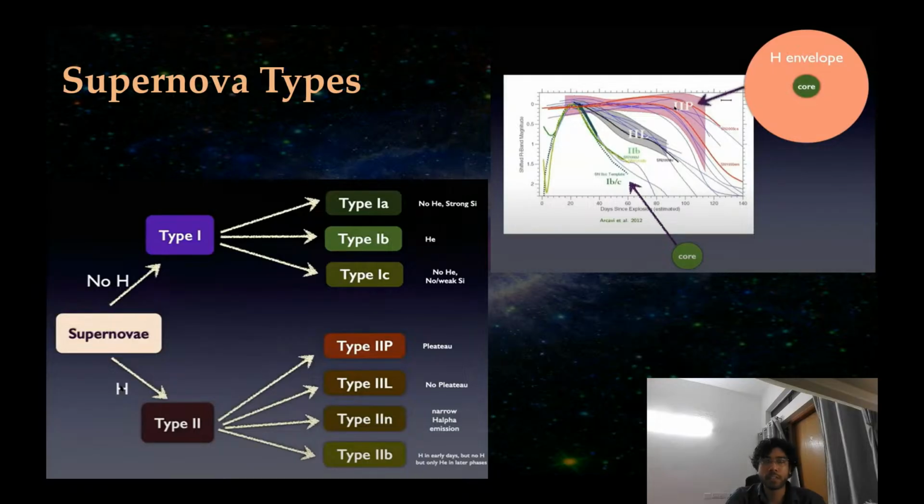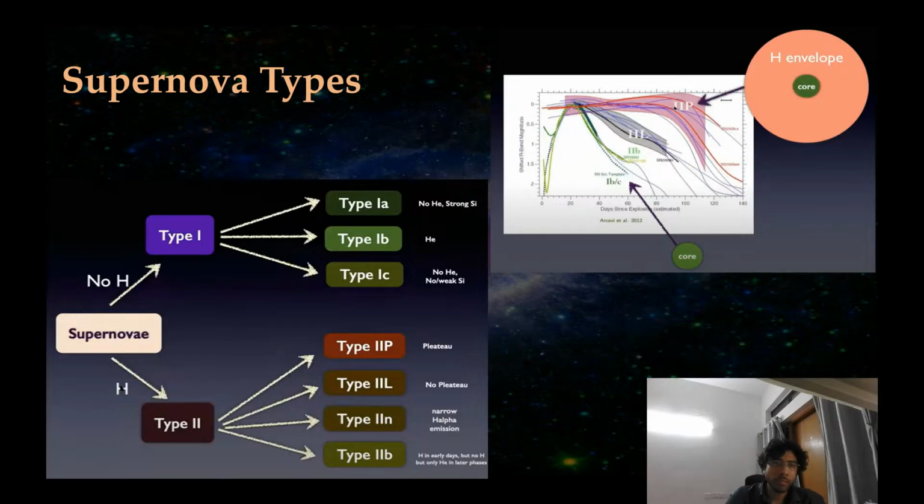For example, the emission from the n equals 3 shell of hydrogen to the n equals 2 shell is called the H alpha line. These lines tell you about the presence of that element, in this case hydrogen, in the envelope of the star.